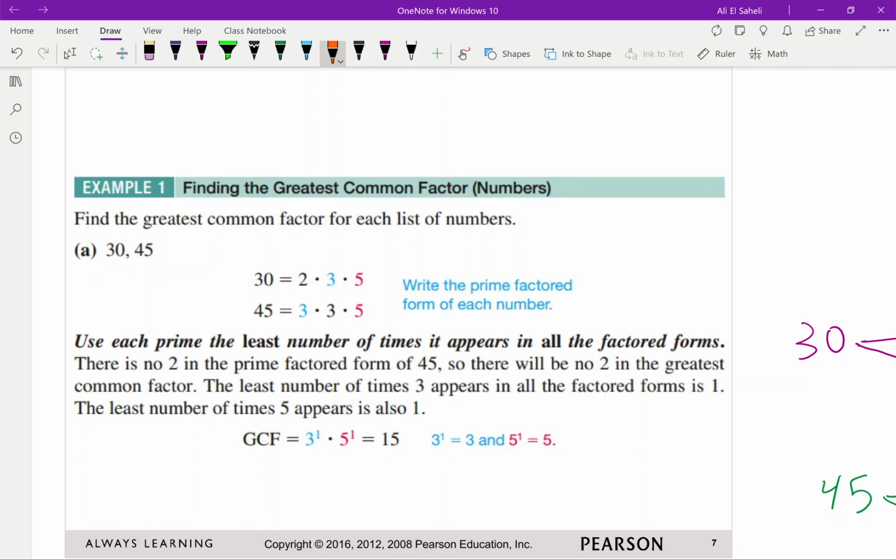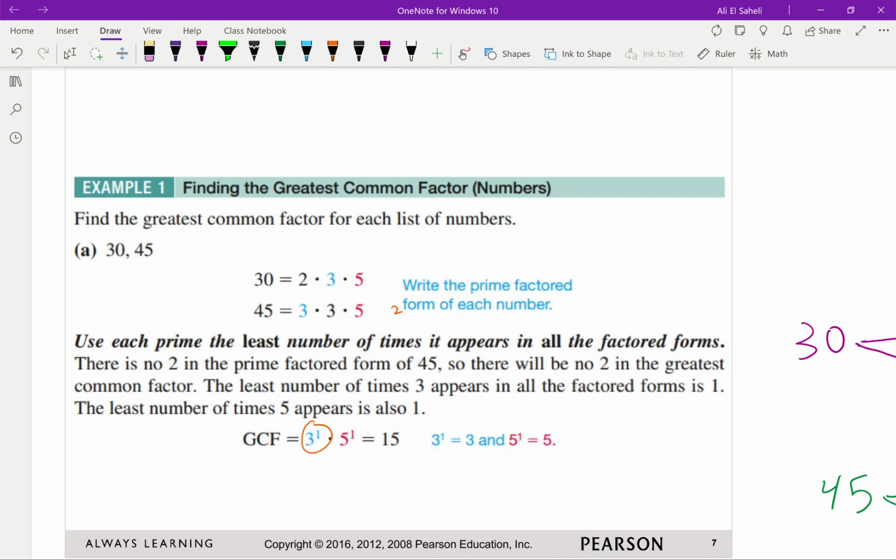The common ones are this and this. In the first case, it's 3 to the power 1. In the second case, it's 3 to the power 2. So we use the smaller one, 3 to the power 1.